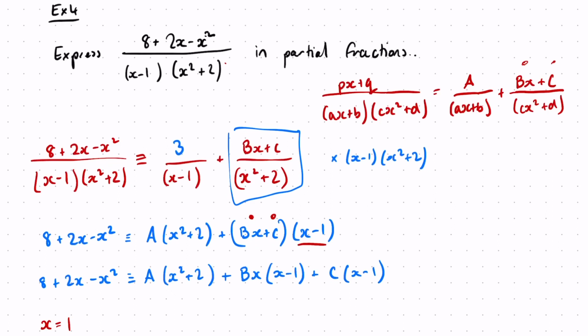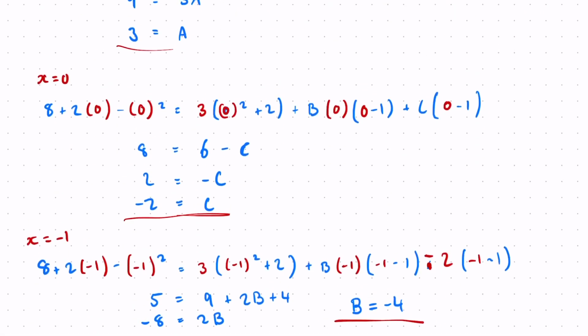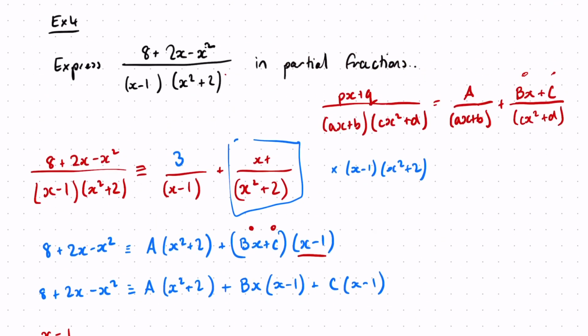So I'm going to say plus, well, there's two ways I can do it. I'm going to just say plus still, but plus b and c as minus 4 and minus 2. So minus 4x minus 2. Okay? And again, I'm writing up here because I've just run out of space.